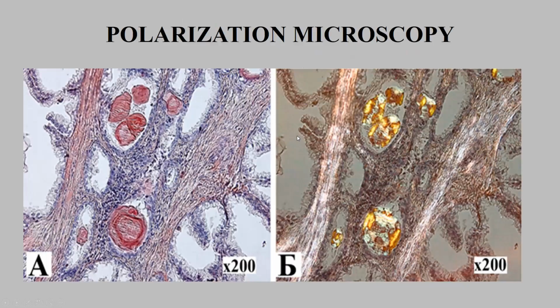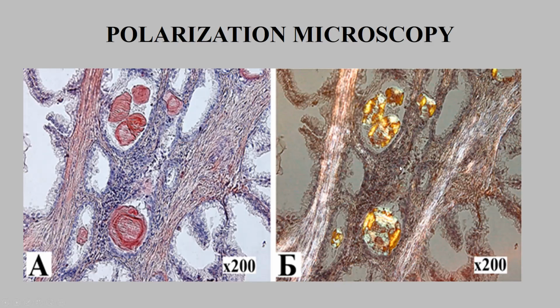As another case, we use microscopes with polarized light. On the left slide we can see this amyloid in prostate, it's corpora amylacea, stained with Congo red stain. But this is for excluding some mistakes.